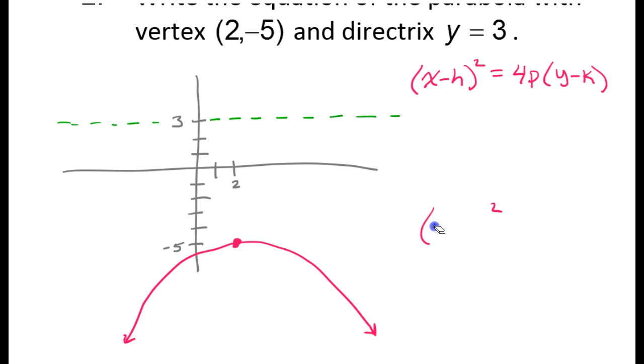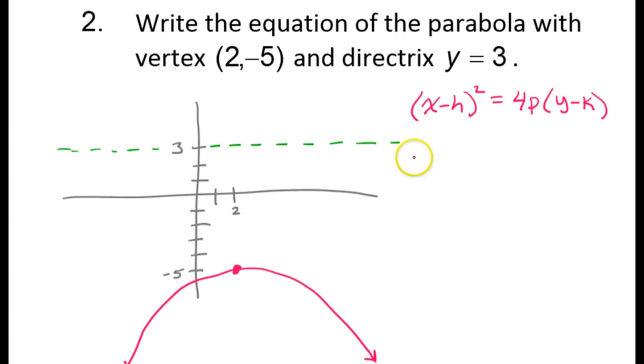Anyway, back to what we actually have. We know h and k because we know the vertex. So we can go ahead and fill that part of the equation in. So it's the opposite of this and the opposite of that. So it will be x minus 2 squared is equal to 4p times y plus 5.